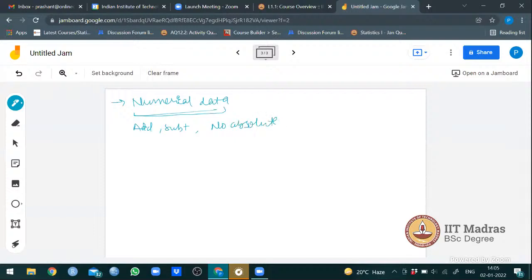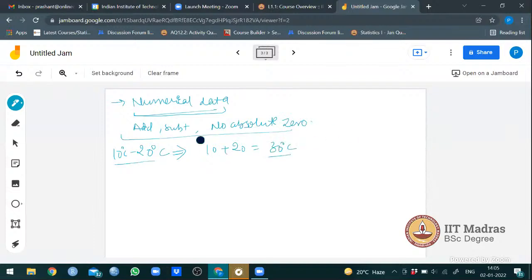Sir, can you explain with an example? Yeah, sure. Suppose you have temperature, like 10 degrees Celsius and 20 degrees Celsius. You can add and subtract, so this will be 30 degrees Celsius.